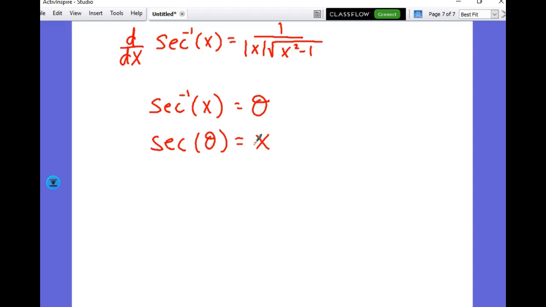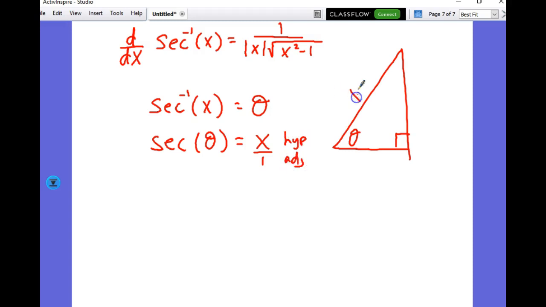Okay, so thinking once again of a triangle with an angle of theta, secant is hypotenuse over adjacent. So my hypotenuse is x and my adjacent is 1. And then using Pythagorean's theorem, we can figure out what the opposite side is.